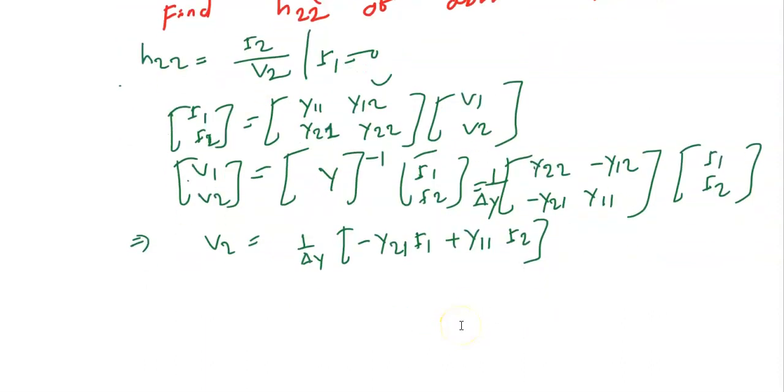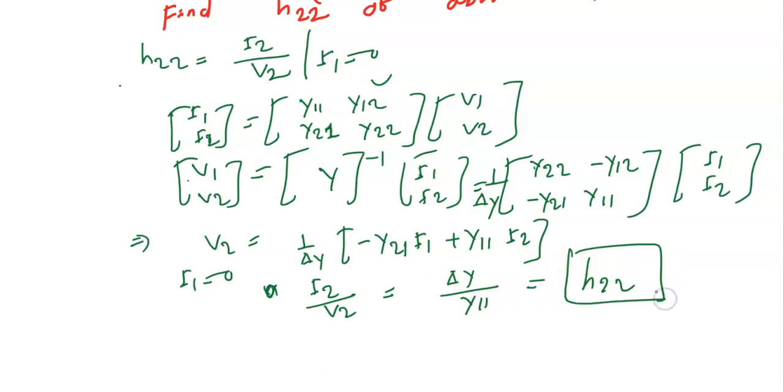Okay, now put I1 equal to 0. With I1 equal to 0, you have I2 upon V2 is equal to del y upon y11, which is your H22, right?